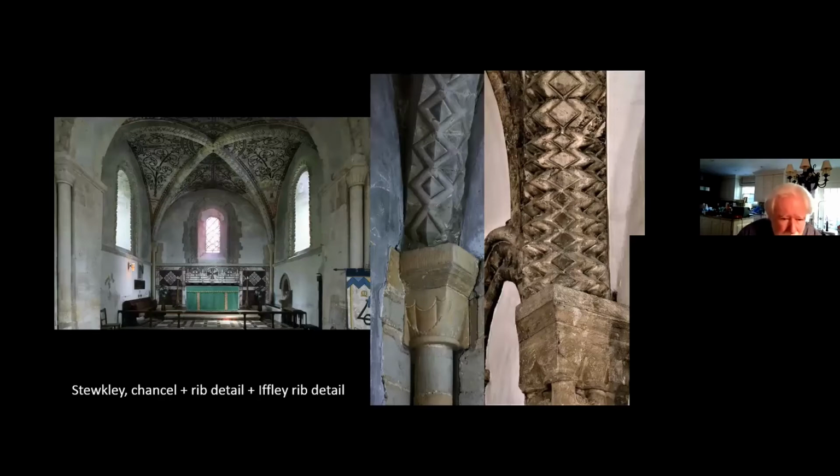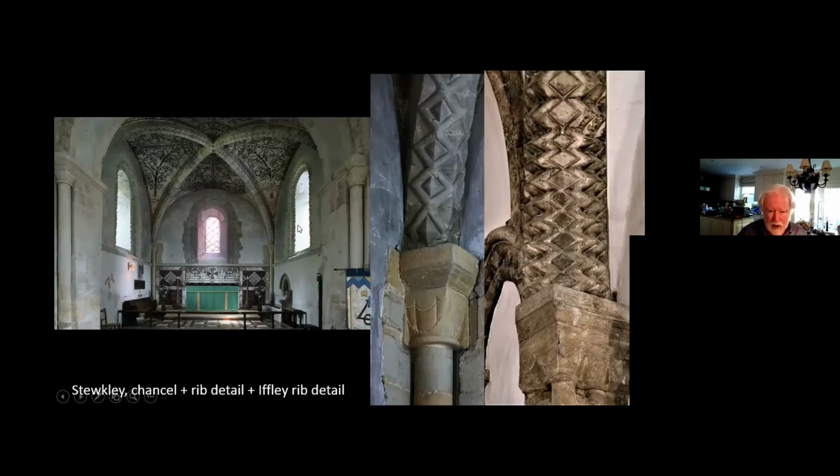Let's take you into detail, the Stukely chancel. There you've got the general view with the four-part rib vault. The painting, incidentally, is supposed to be an accurate recreation of what they found there, so it's restored 12th century work.